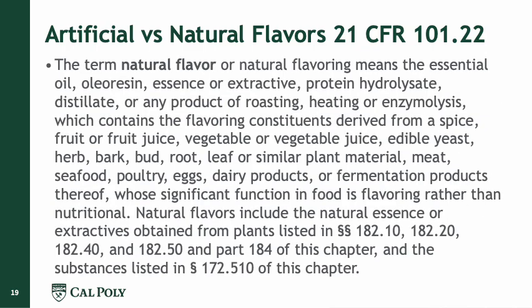The only difference with natural flavors is that natural flavors are essential oils, oleoresins, extractives, protein hydrolysate, distillate, or any product that is derived from the same things, a spice, fruit, etc., so from a natural source. This is the main difference between an artificial and a natural flavor.